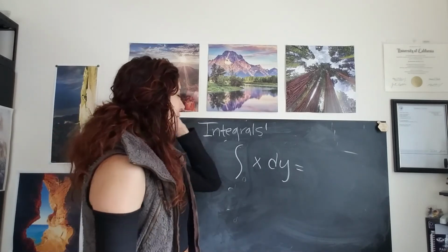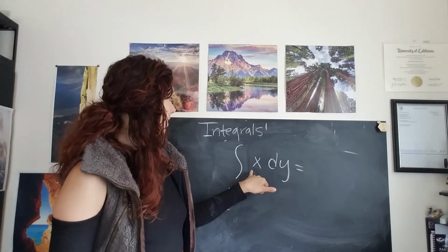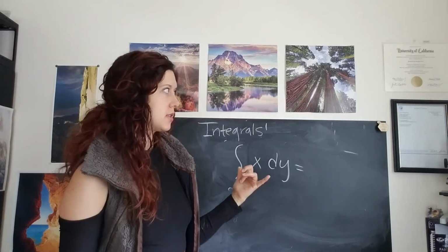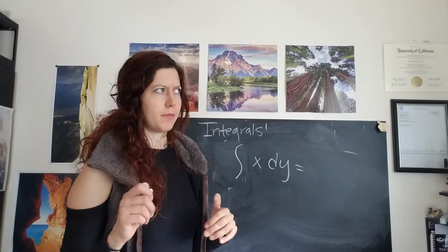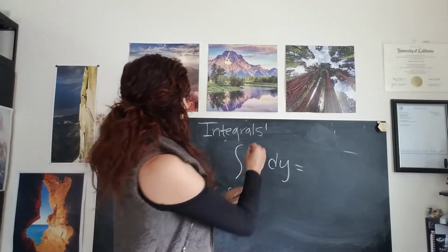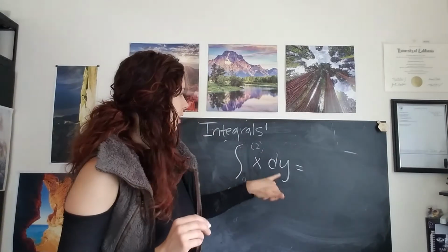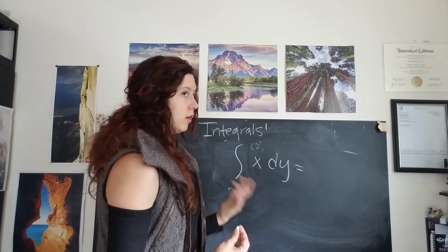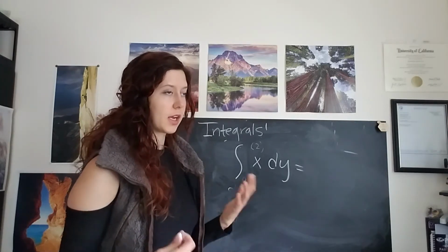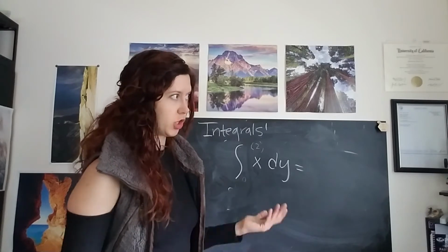Okay, so if you're taking the integral of x with respect to y, that basically means that x is a constant from the perspective of y. So you can treat that kind of like a constant. So think about if that was a number, how would you do the integral? Well, just like you would, you'd think about what's the derivative of a constant? What would you have to get just a constant?